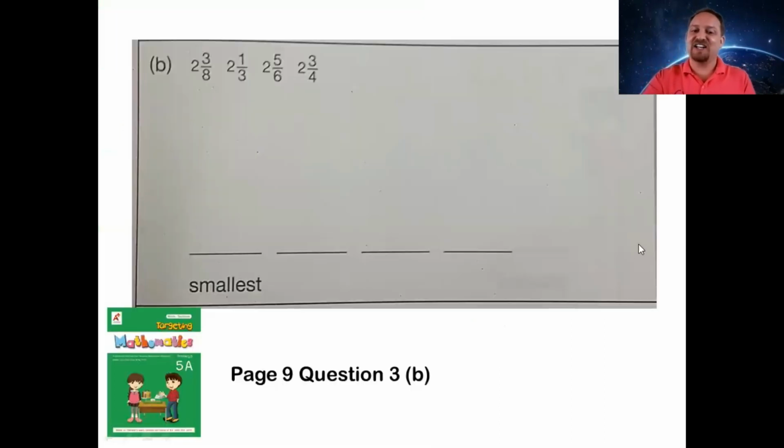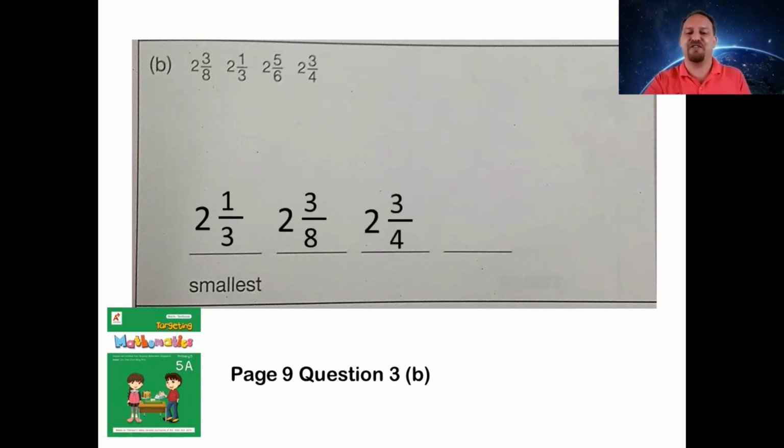Page 9, question 3b. It asks you to order these fractions starting with the smallest. We have 2 and 1 over 3, followed by 2 and 3 over 8, 2 and 3 over 4, and 2 and 5 over 6.